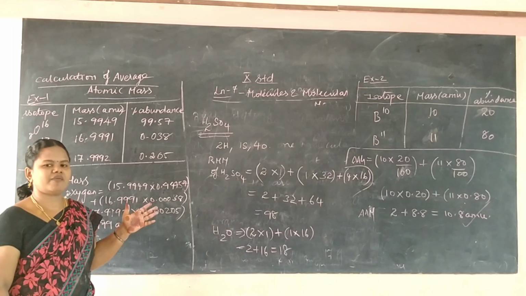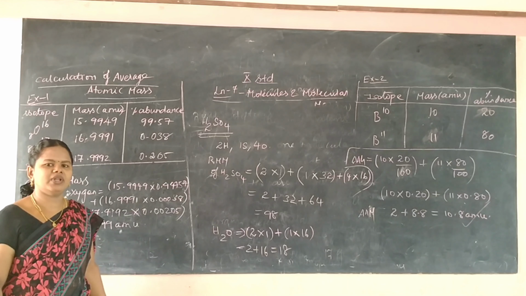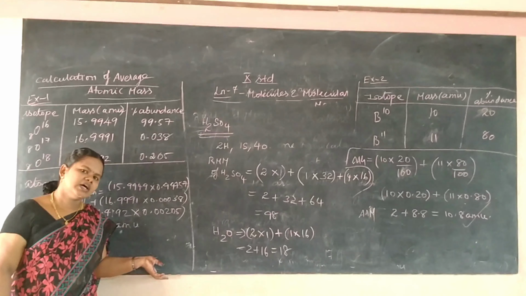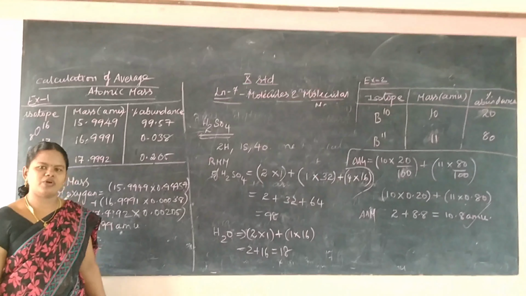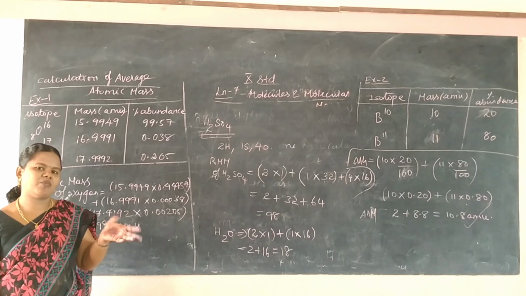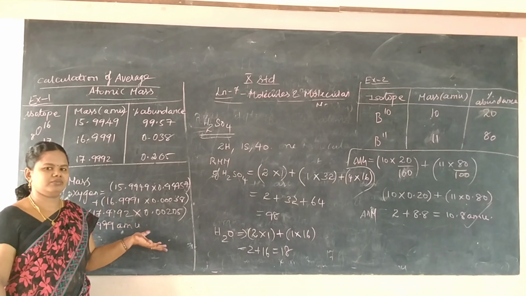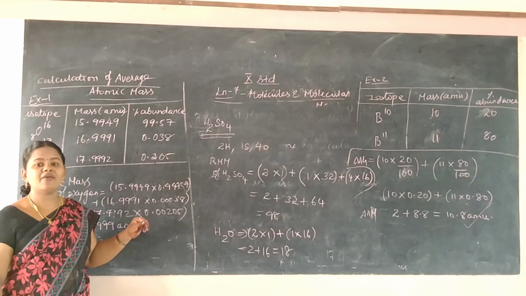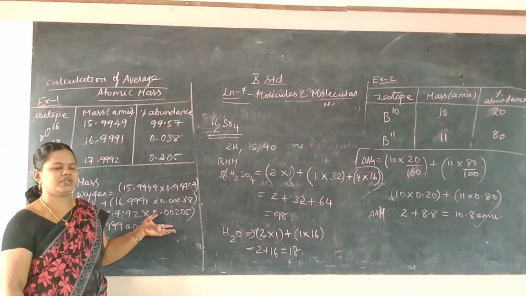In activity 7.1, they have given one table and you are asked to find out the number of protons and neutrons, and the mass number also. Mass number is nothing but the sum of protons and neutrons. And you have to find out the average atomic mass.